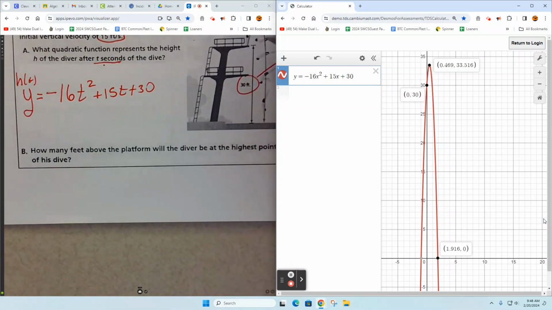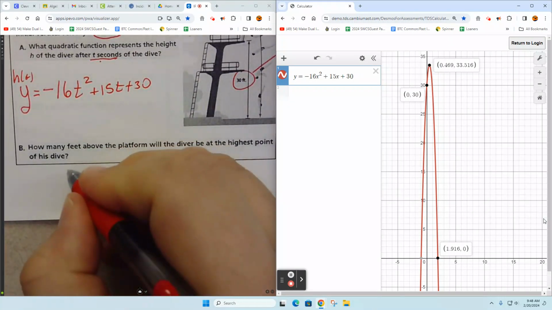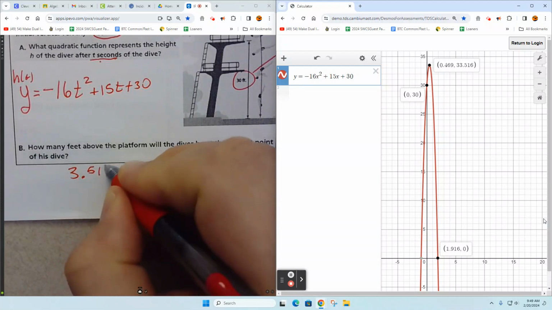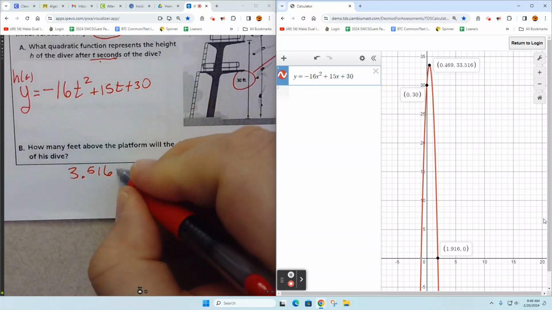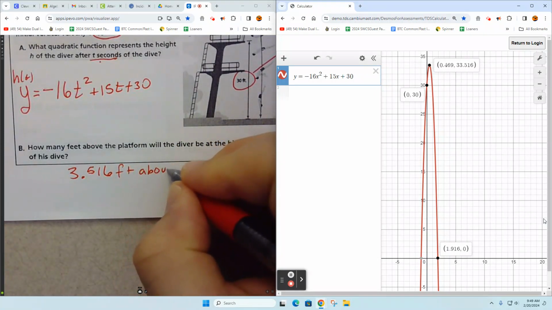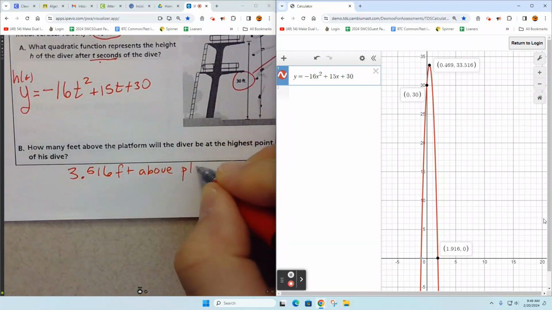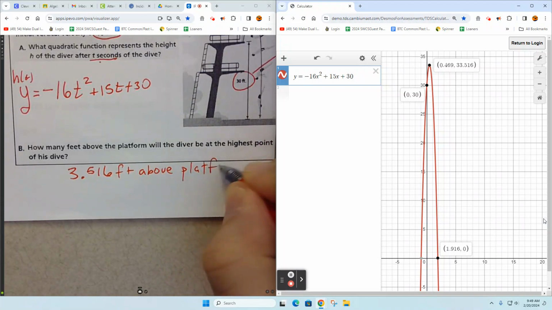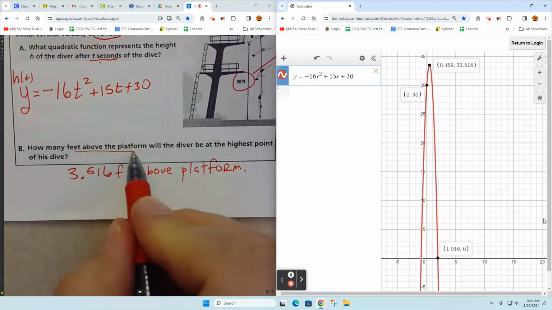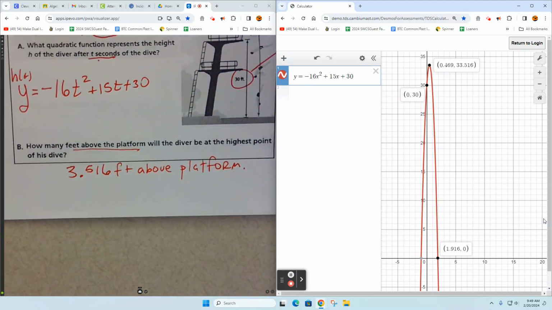It's 3.516 feet, because it said how many feet above the platform. The platform's at 30.